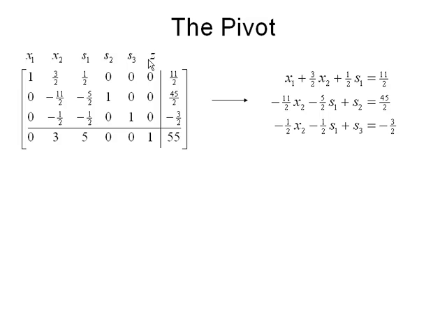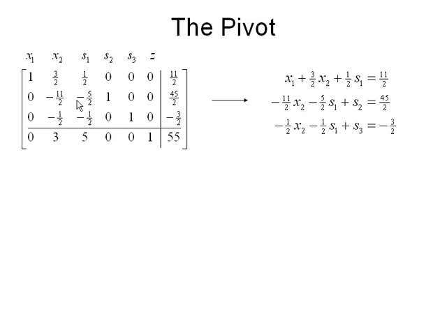Z is never going to be a column that I put a pivot in. If I take my first row of my matrix, which is 1, 3 halves, 1 half, 0, 0, 0, 11 halves, I can write out the equation that corresponds to that: x sub 1 plus 3 halves x sub 2 plus 1 half s sub 1 equals 11 halves.